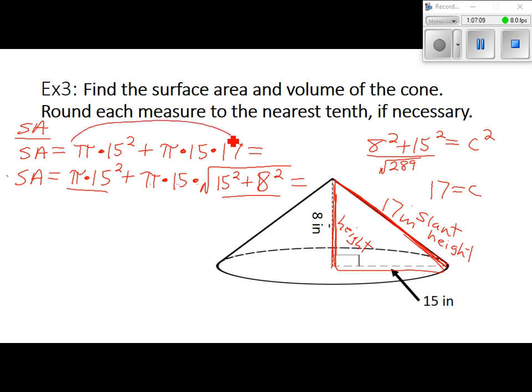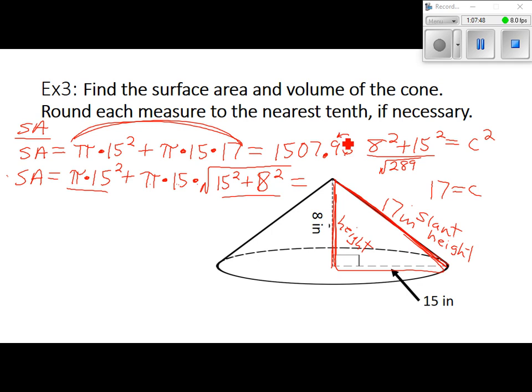If you found the slant height, you could punch all of this into your calculator just like it is right there. So if I grab my calculator and I hit pi times 15 squared plus pi, and some of you may have to hit second on your calculator to get to the pi, times 15 times 17, and hit equals, we end up with 1507.96.